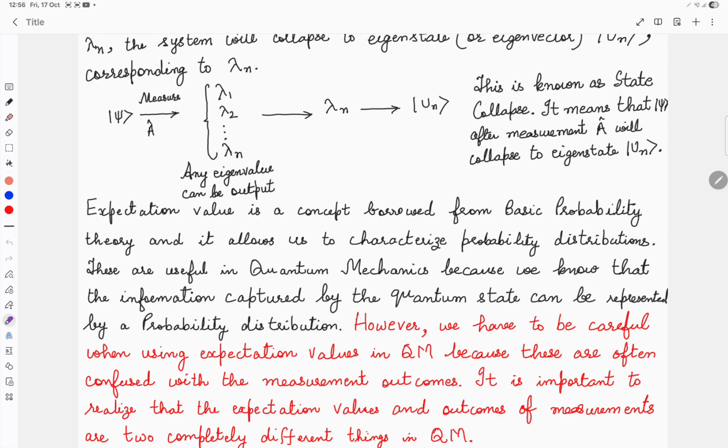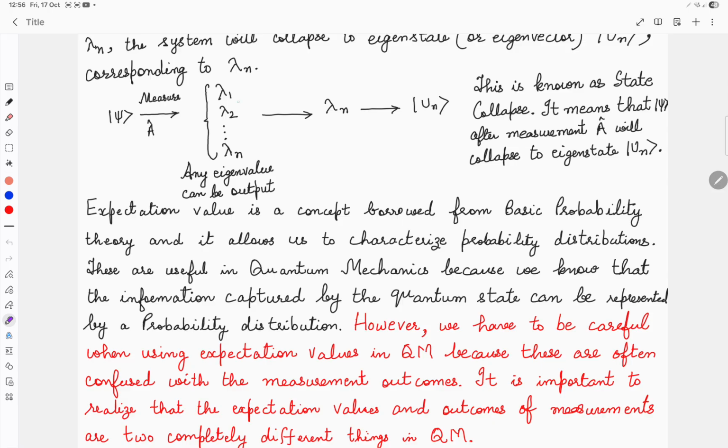For example, when we are trying to measure the observable A, it will have n eigenvalues. Now, at the time of measurement, what measurement outcome will be there? It will be one of the eigenvalues. But since the measurement in quantum systems is probabilistic in nature, there will be a probability attached to each eigenvalue.